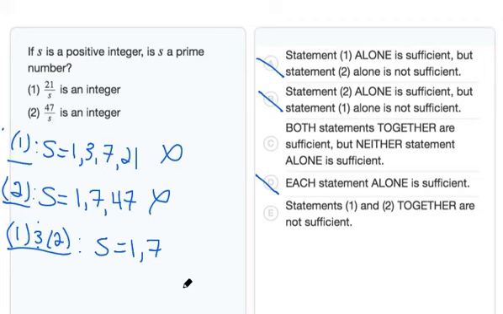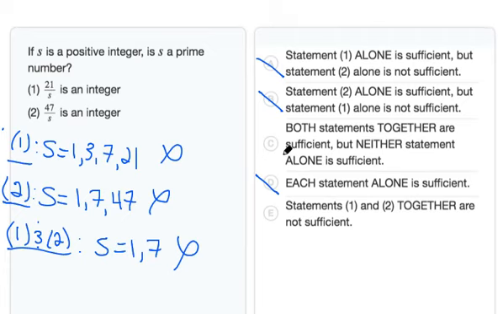So out of these two options, S might be prime if it's 7, but S also might not be prime if it's 1. So we can't determine yes or no that S is a prime number, because it depends on which number it actually is. So the statements together are not sufficient either.